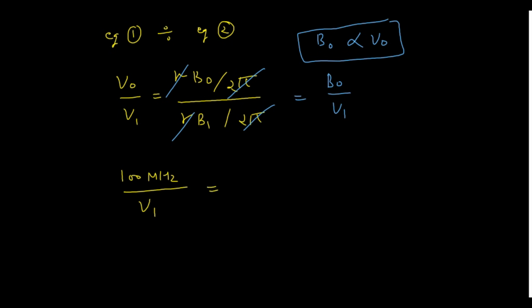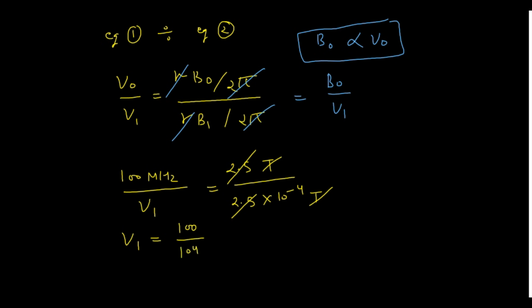B0 is 2.5 Tesla, and B1 is 2.5 into 10 to the power minus 4 Tesla. The 2.5 cancels out, Tesla cancels Tesla, and what you are left with is nu1 equals 100 divided by 10 to the power minus 4.